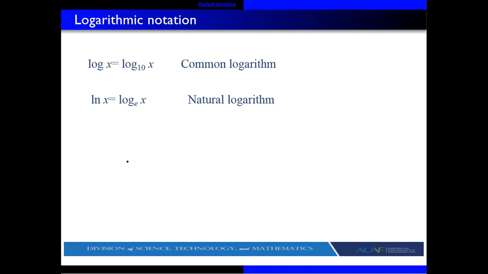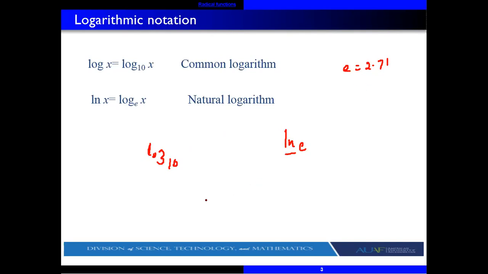So we use two types of log. One is called common log, and the second one is natural log. Common log is written as log and its base is always 10. The second one is natural log, where we use ln, and the base is always e, where you know that e is Euler's number. The value of Euler's number is 2.71.